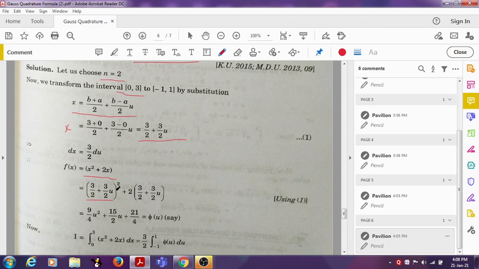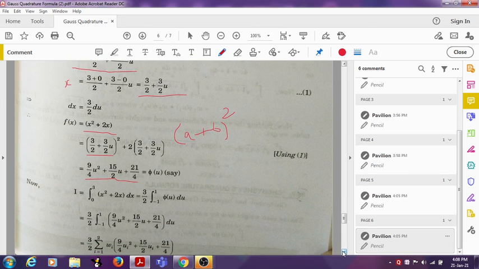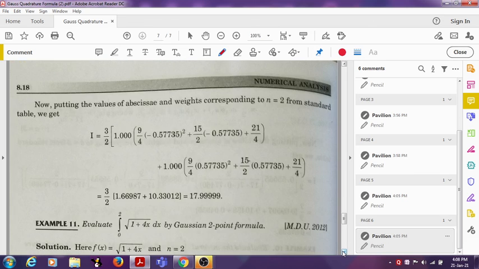This is (a plus b) whole square, and this will be a square plus b square plus 2ab. Now collecting the like terms, we get the function as 9/4 u square plus 15/2 u plus 21/4, and that will be equal to phi of u. This is our new function after transformation of x into u.